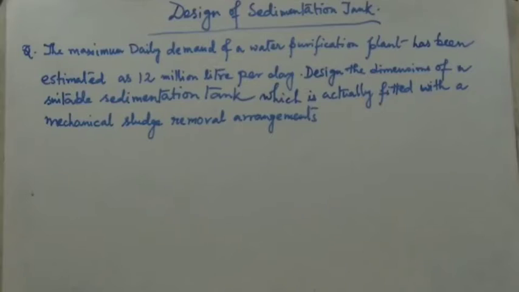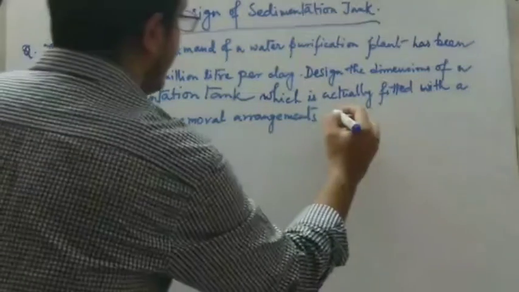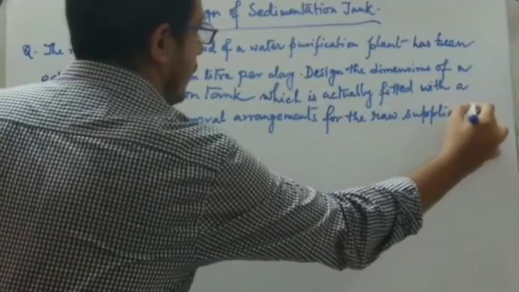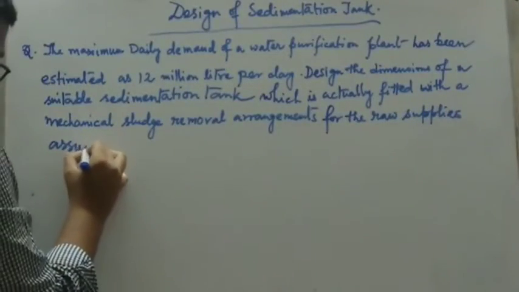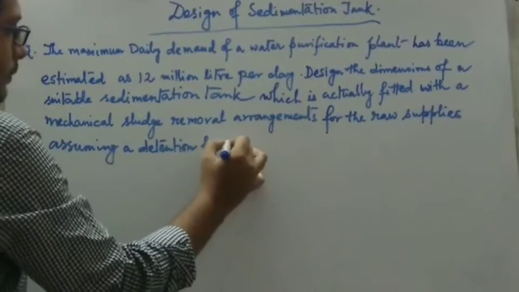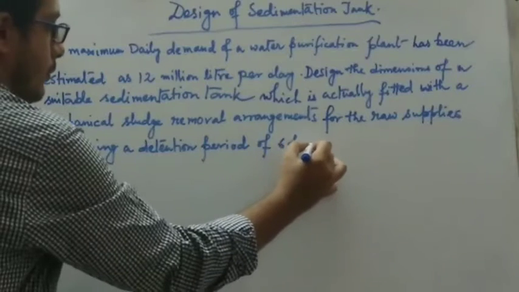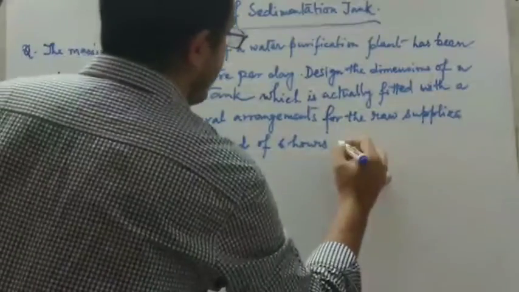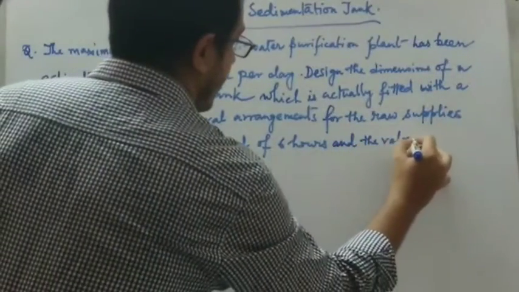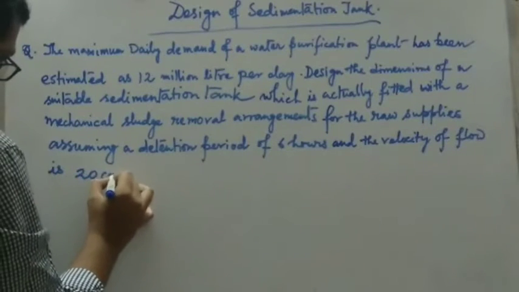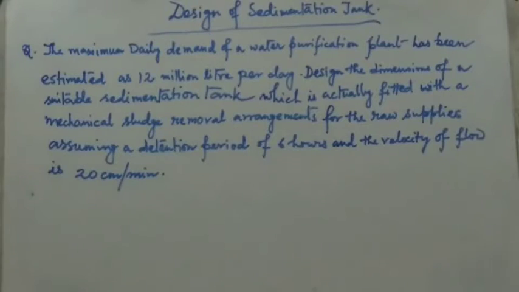For the raw supplies, assuming a detention period of 6 hours and the velocity of flow is 20 centimeter per minute.